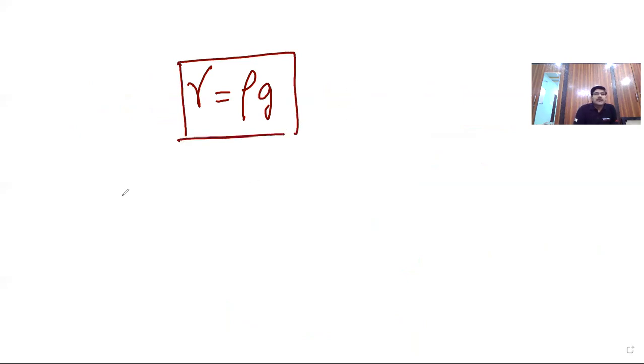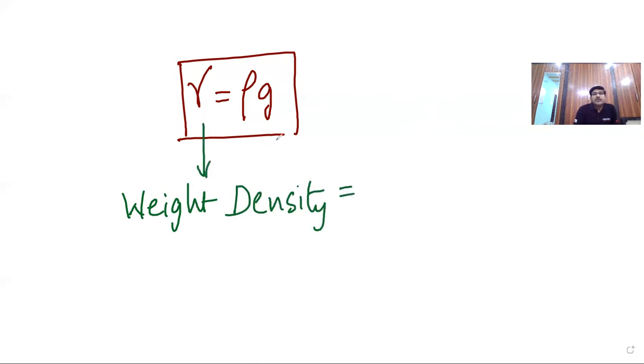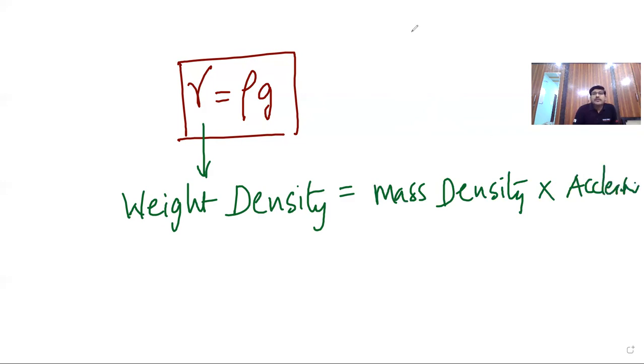So I clearly write in terms of a sentence: weight density gamma is equal to rho, mass density, into acceleration due to gravity. This is rho. This is g.